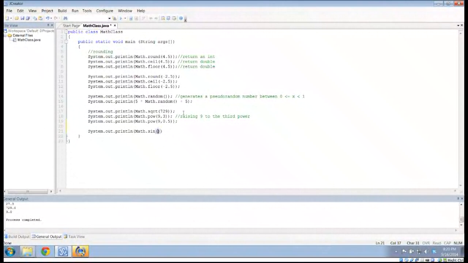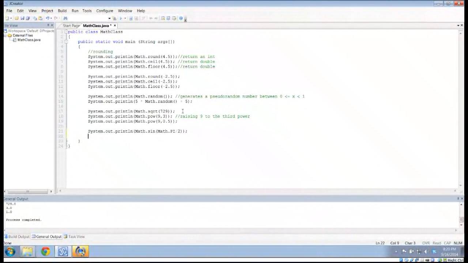So I'm going to take math.PI. Notice this PI is capitalized, divided by 2. And so what this is going to do is it's going to find the sine of pi over 2. Notice my angle has to be in radian measure, and the sine of pi over 2 is the sine of 90 degrees, which is 1. I can do the same thing with tangent or cosine.